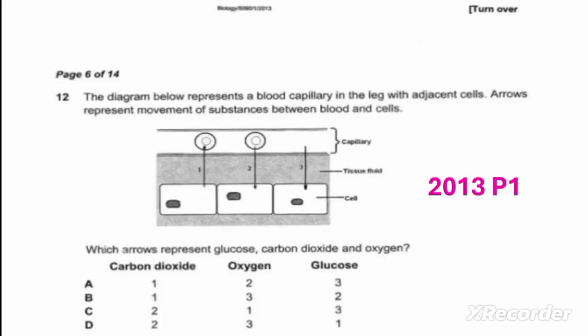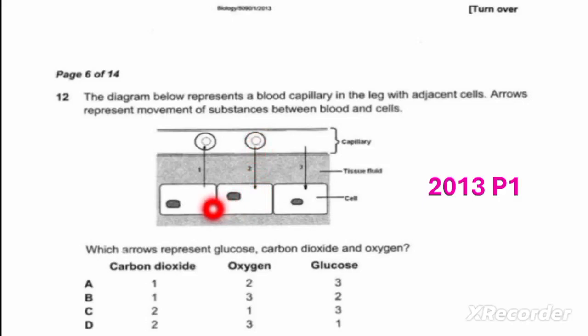These substances are looking like red blood cells, and the function of red blood cells is to transport oxygen and a small amount of carbon dioxide. Since this one is a capillary and the arrow is pointing to tissue cells, oxygen is being transported from the blood vessel to the tissue cells.